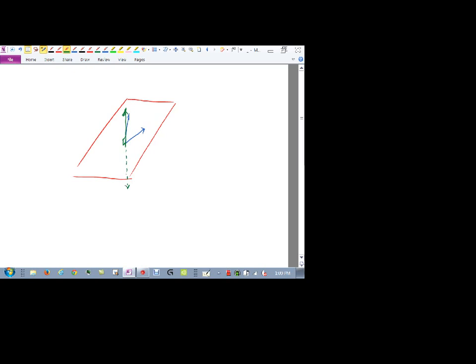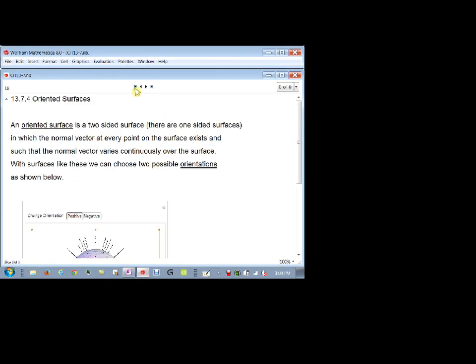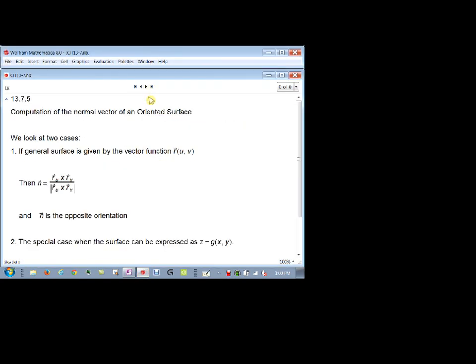So which one is positive, which one's negative? With the sphere, it made sense that positive would be out and negative would be in. Here, we don't have that necessarily, do we? So we will need to address this, and we will cross this bridge when we get to it. But there is some ambiguity here. We need to agree on what positive is going to be for us. Make sense?